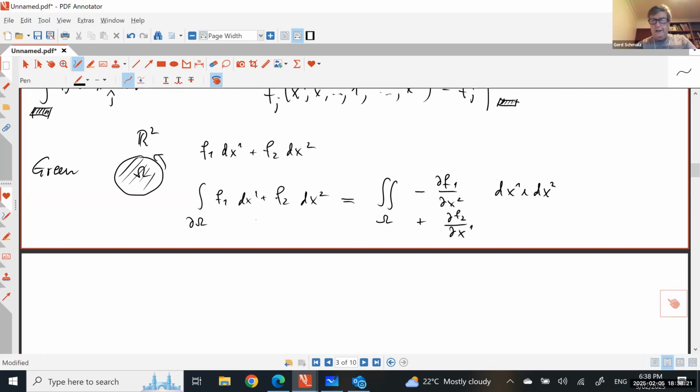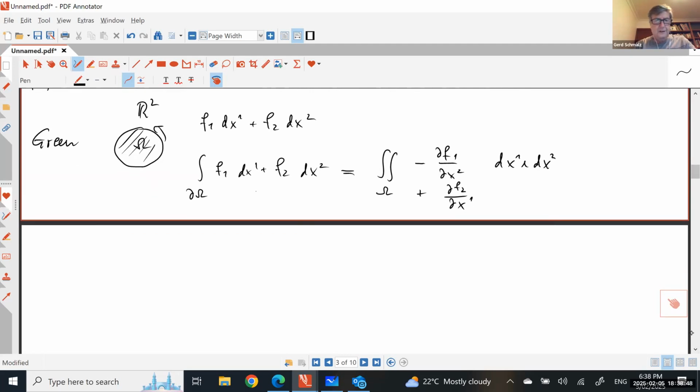But by the way, I was not very detailed about figuring out how these orientations work. So if all the orientations are correctly taken into account, then this is what we get. Is that the usual Green? Yes, this is how we usually formulate the Green theorem.